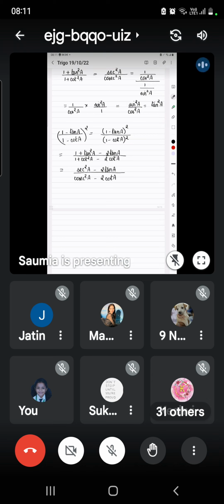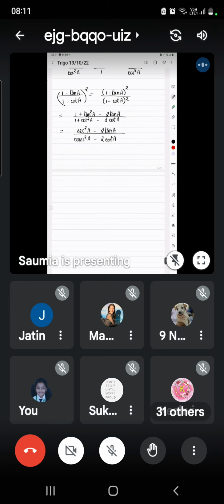Then what to do? I'm waiting for you all to tell me what to do. There's no single method in trigonometry. You can use any method to finally bring the LHS and the RHS together.